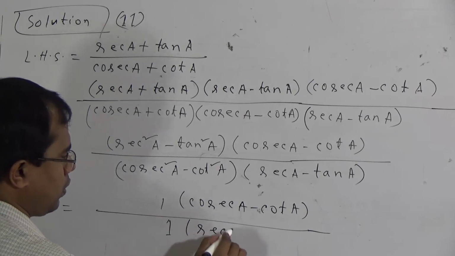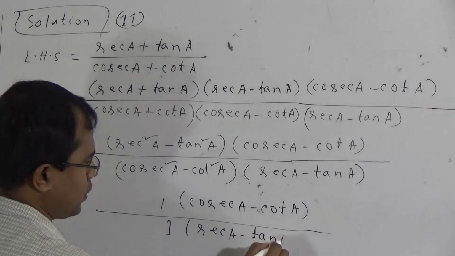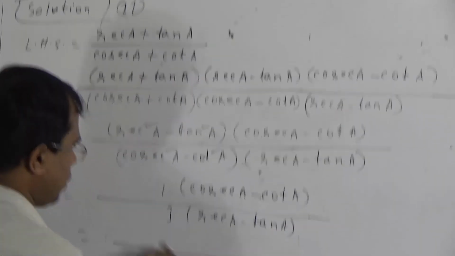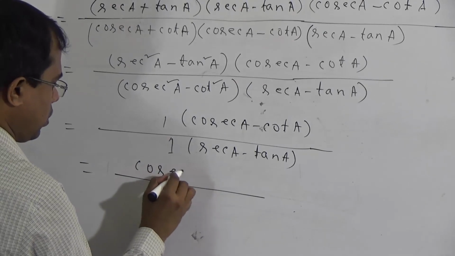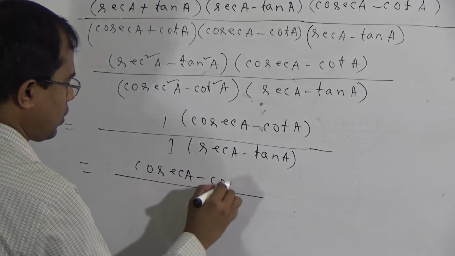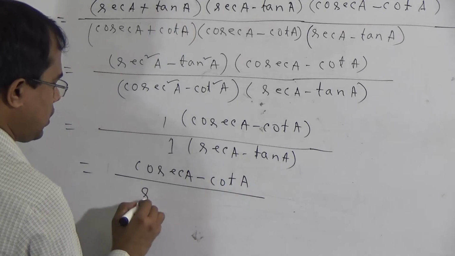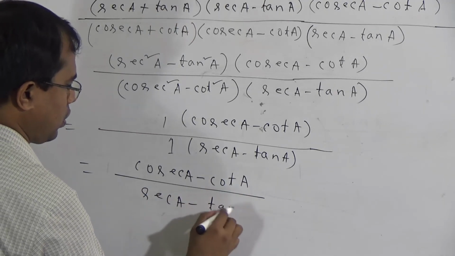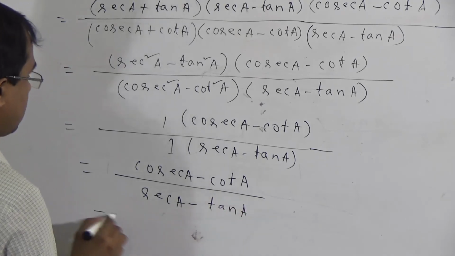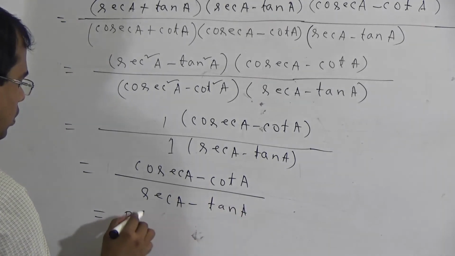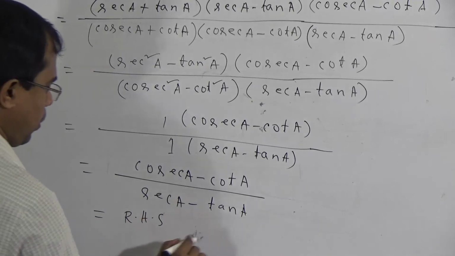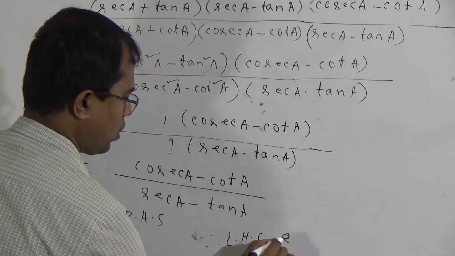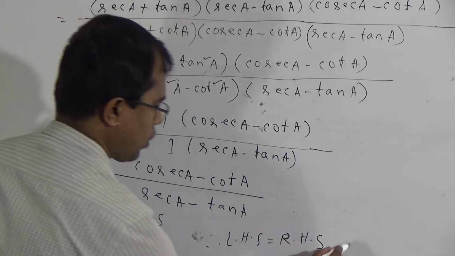Sec A minus tan A. This is equal to cosec A minus cot A divided by sec A minus tan A. And this is the right hand side of this math. This is equal to right hand side. Therefore, left hand side is equal to right hand side.